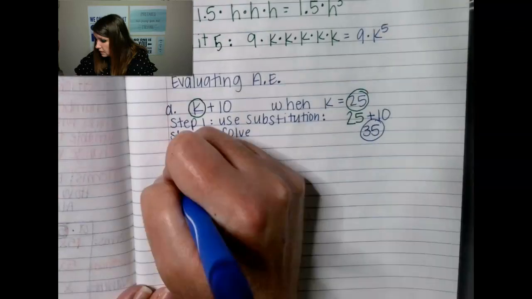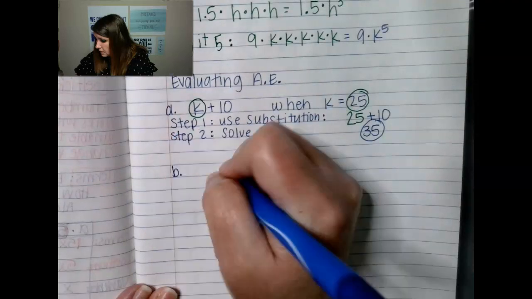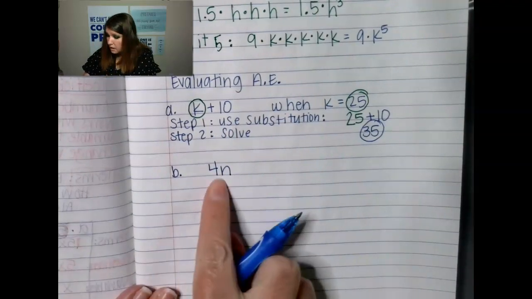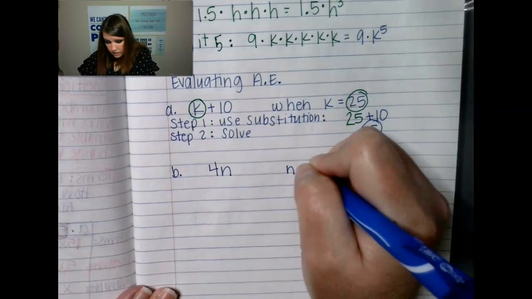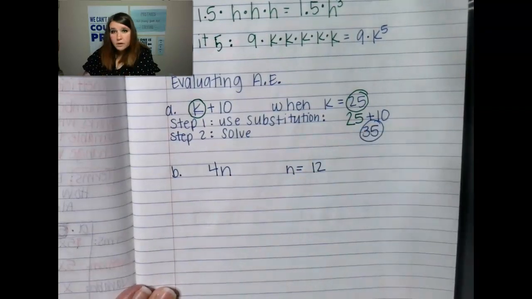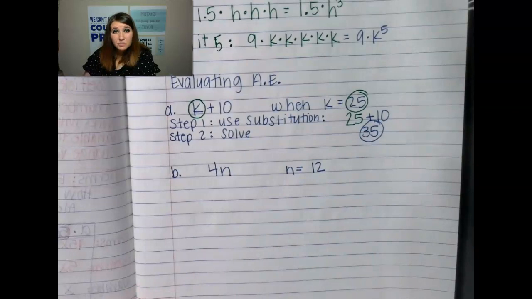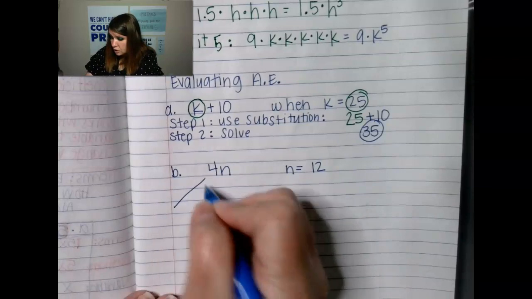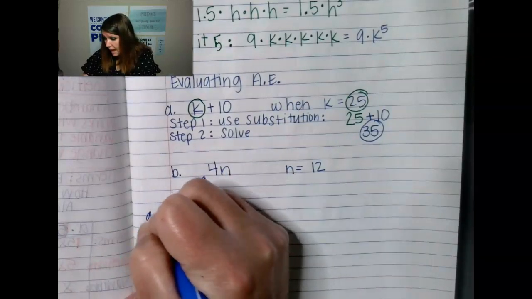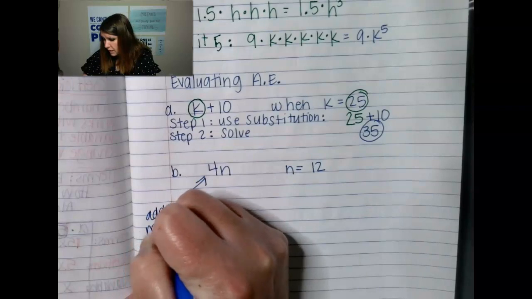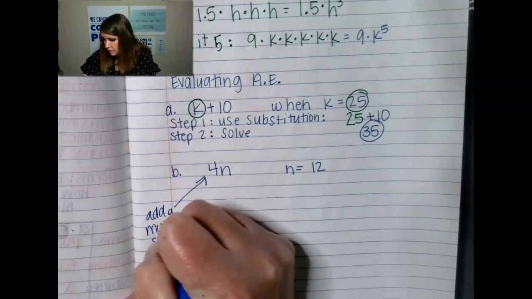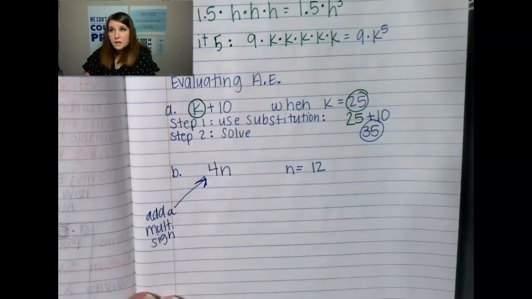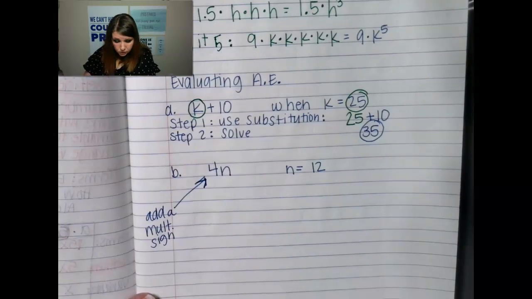Let's do another one. B. Example B says 4n. On this one, when n equals 12. Okay, we've got a couple things going on here. We have a number stuck to a letter. This means to multiply. So we need to add a multiplication sign because that means to multiply right there.